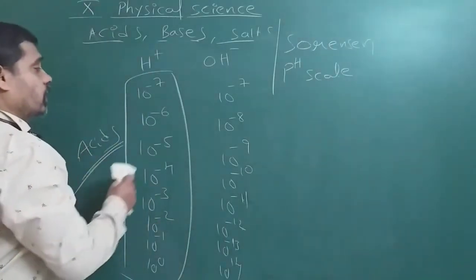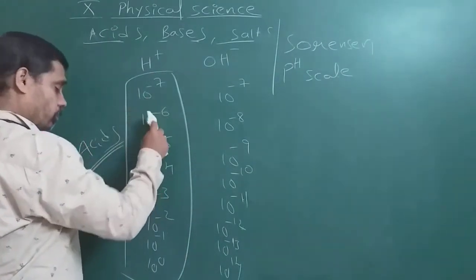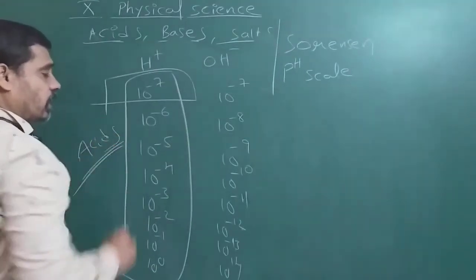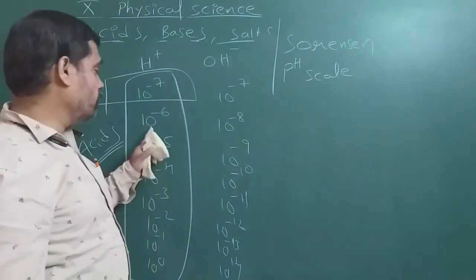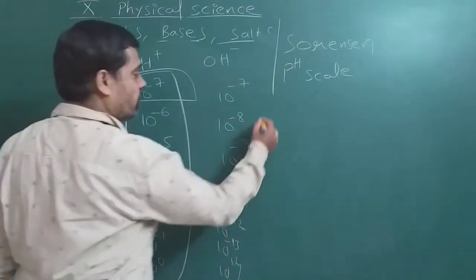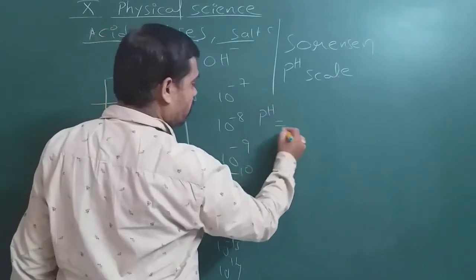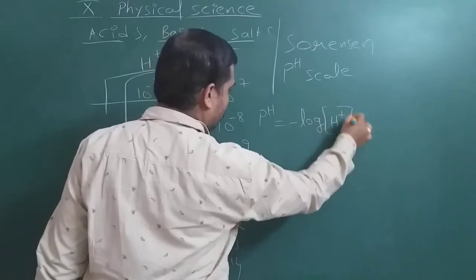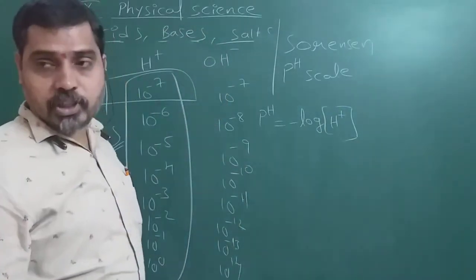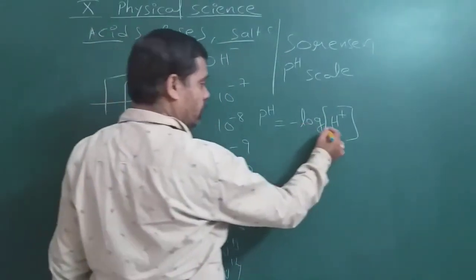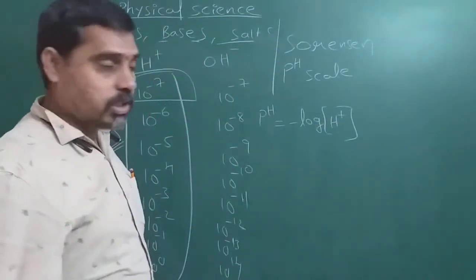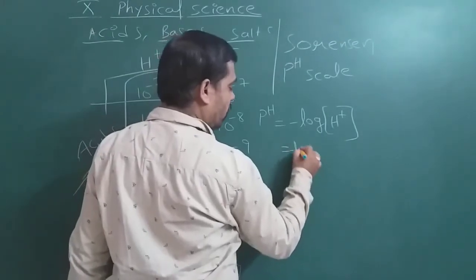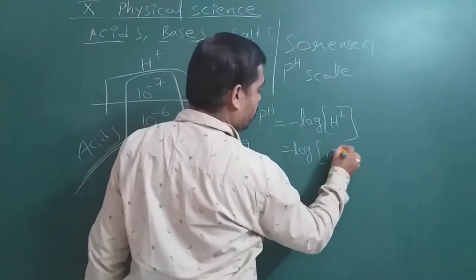Now we know that if the H plus ion concentration is 10 power minus 6 to 10 power 0, then we call them acids. So if it is 10 power minus 6, what about the pH value? pH is the negative logarithm of H plus ion concentration; that is the formula for pH. So minus log 10 power minus 6.